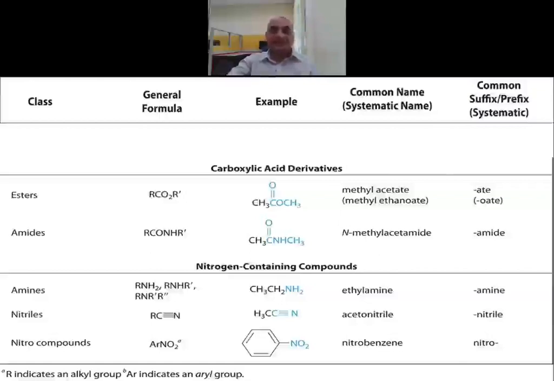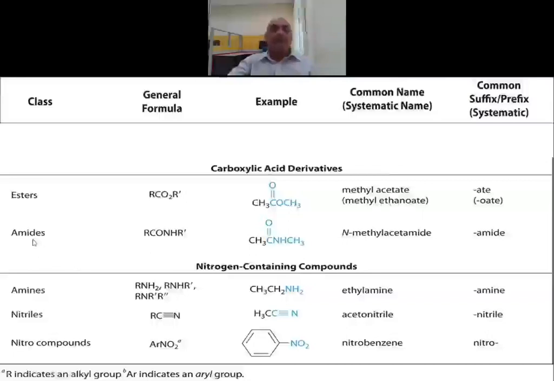Similarly, the difference between ketone and ester is simply that here we have one more oxygen atom. We can write the name like this: CH3 is methyl, and the 1 and 2 carbons make ethanoate, so methyl ethanoate.